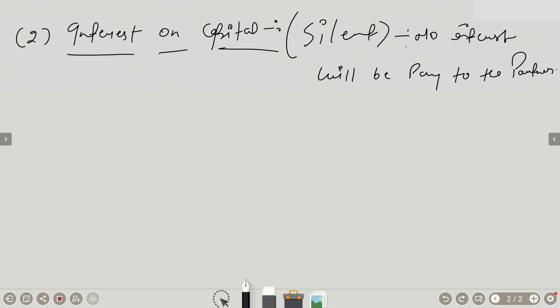If interest on capital is written in the partnership deed, partners get the interest on capital. And the second thing is, if the partnership deed does not include this point, no partner will get interest on capital. Understood? Okay.